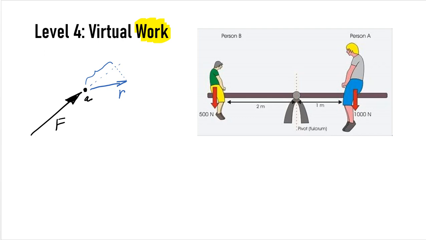So that's the work. Now, what is virtual work? Virtual work is the idea that if a set of forces is in equilibrium, acting on a body, and you imagine that that body experiences a differential displacement consistent with the constraints, then the sum of the differential work of all the forces will be equal to 0.